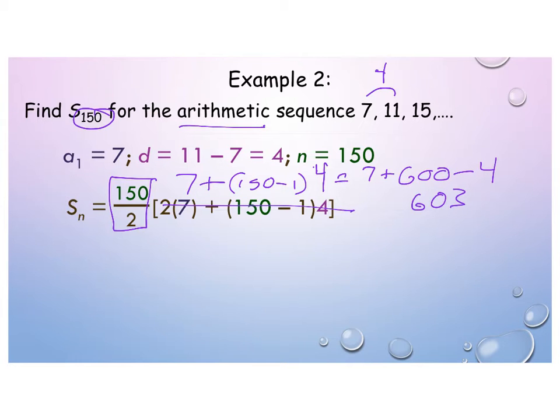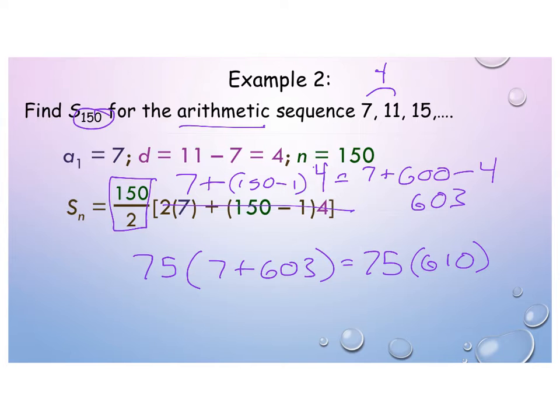So I'm going to have 150 over 2, which is 75, times 7 plus 603, which is 75 times 610. It's going to be a very big number. 75 times 610 is 45,750. Okay, that's S sub 150.